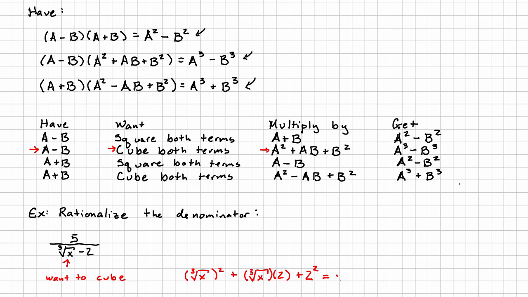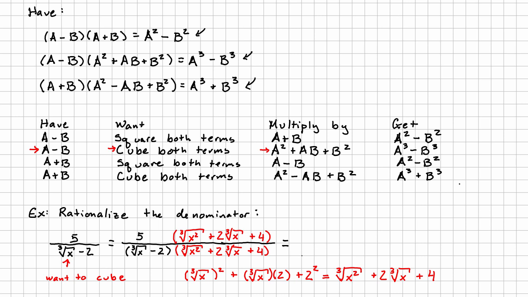So that'll be cube root x squared, it just looks nicer to write it that way, plus 2 cube root x plus 4. So I'm multiplying my denominator by that, and I have to multiply my numerator by the same thing.